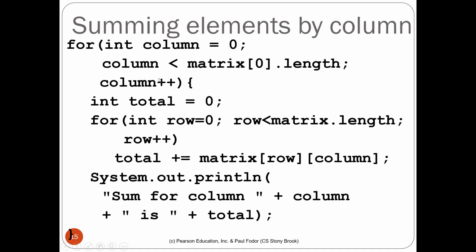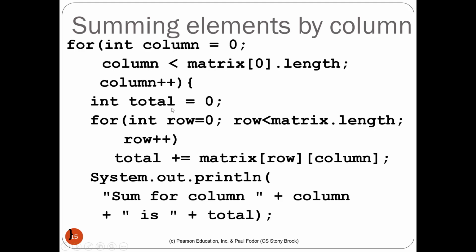Okay, so how do we do it? Your column index starts from 0, it goes till the number of columns that you have, one less, column plus plus. And here this total variable that you have, it should go inside this for loop, and it should be initialized to 0 because you are calculating this, right? You'll have multiple values.